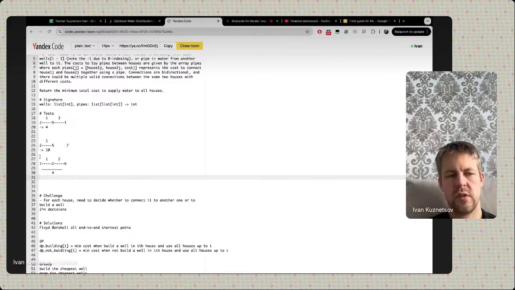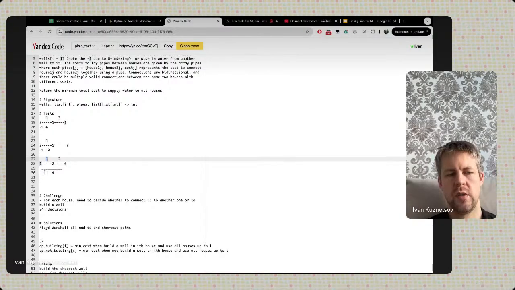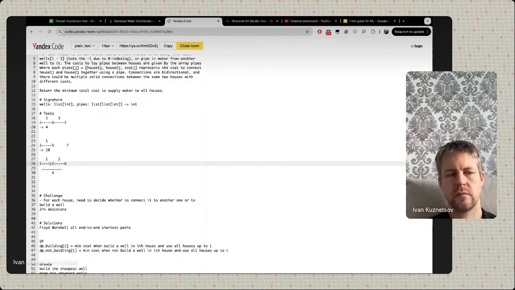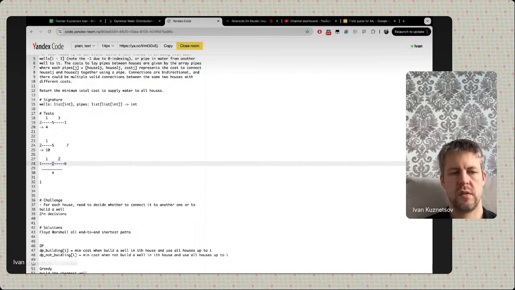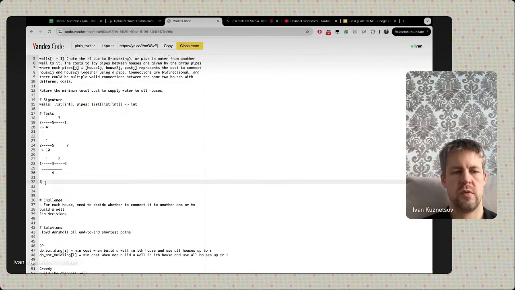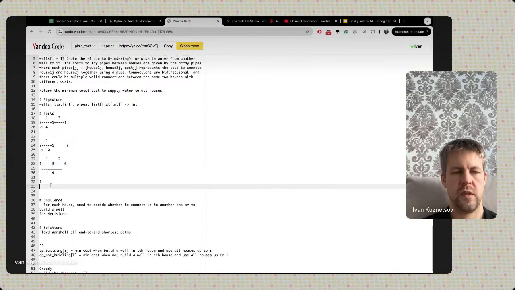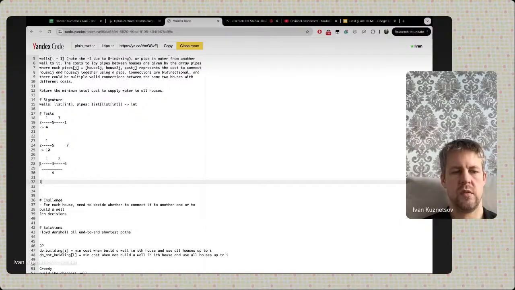What will be the total cost here? So we are paying 1 here, and we are paying 1 here, and we are calculating. Okay, so first we are expanding there, and it will be 1. Then we have two neighbors, 2 and 4, and here it will be, let's say, 3 actually. So 1 and 1 will be cheaper than 3, so we are expanding here, and the total price will be 1 plus 1, 2.